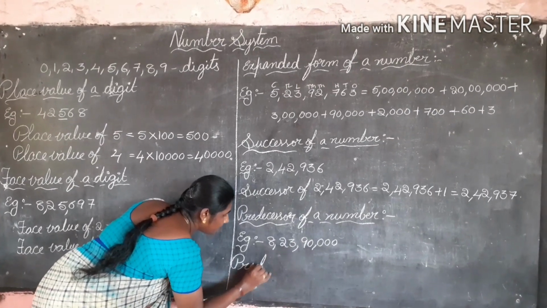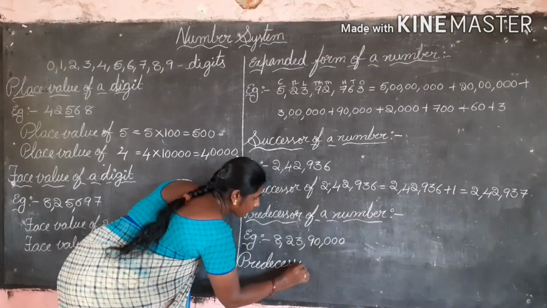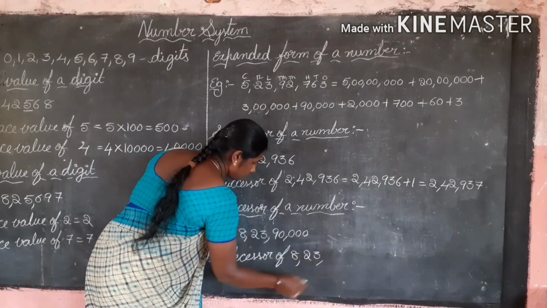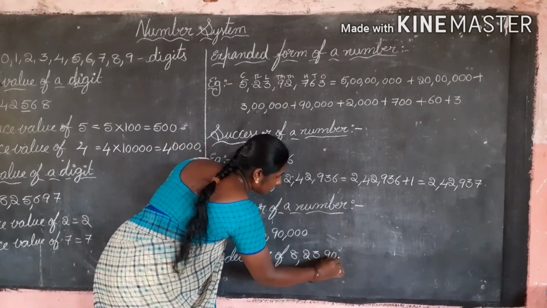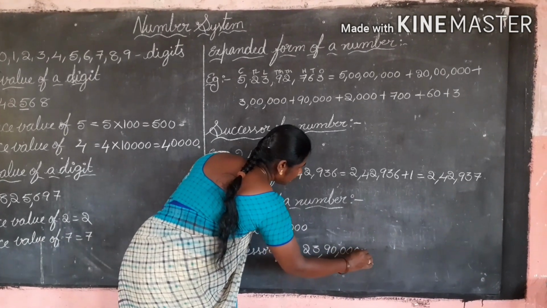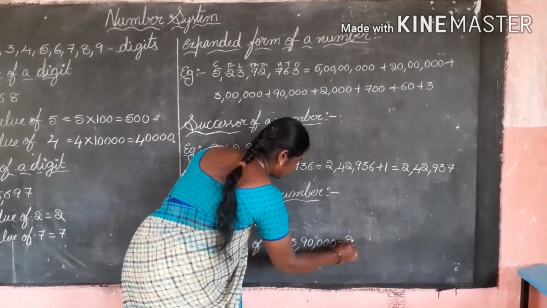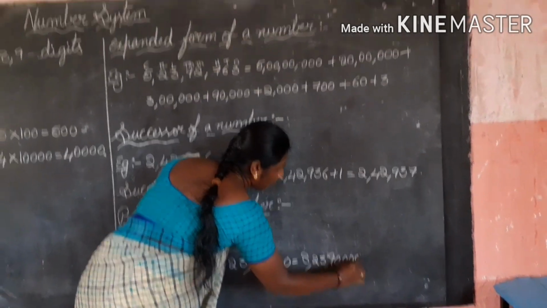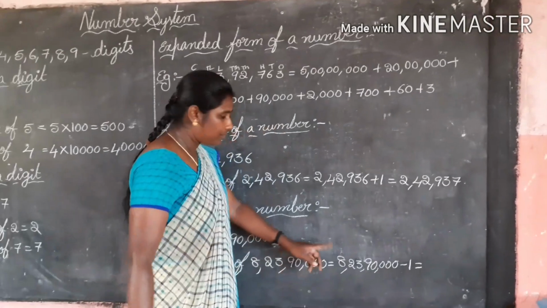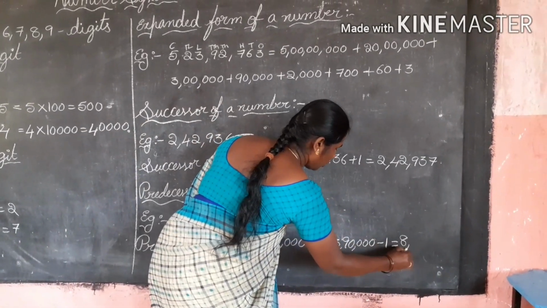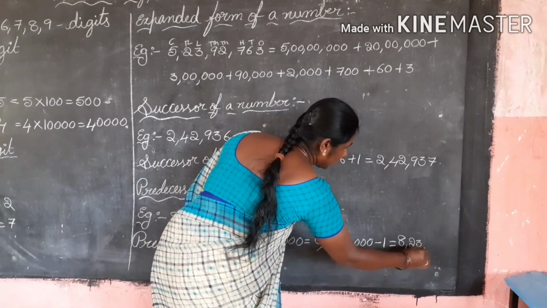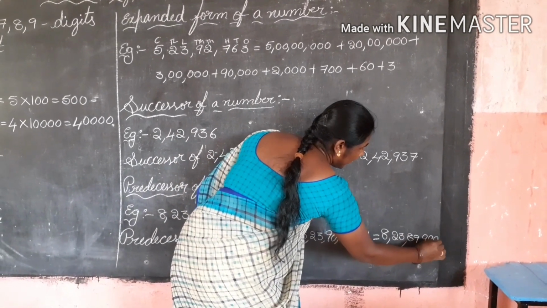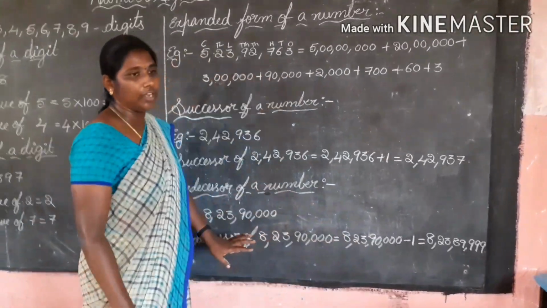Predecessor of 8 crore 23 lakh 90,000: we have to subtract 1 from this number. That means 8 crore 23 lakh 89,999. This is the predecessor of the number.